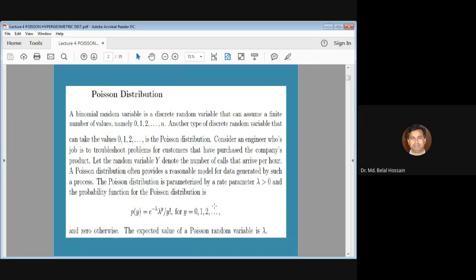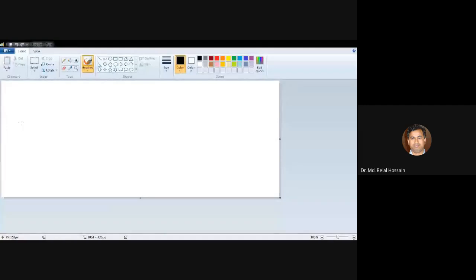So when you are looking for the probability of y equals 1, you have to find the probability P of y equals 1.